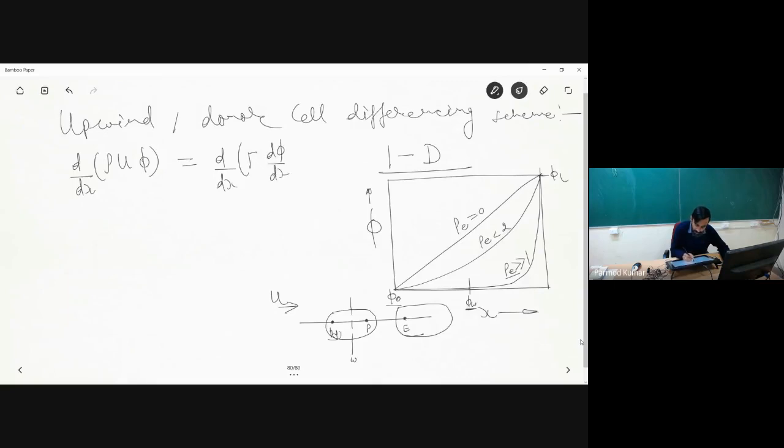Now what I will be doing, I will be integrating this, and one more thing, I will do two substitutions.